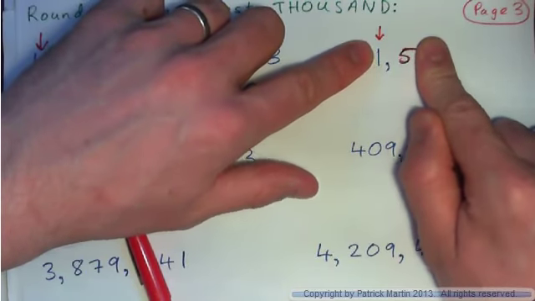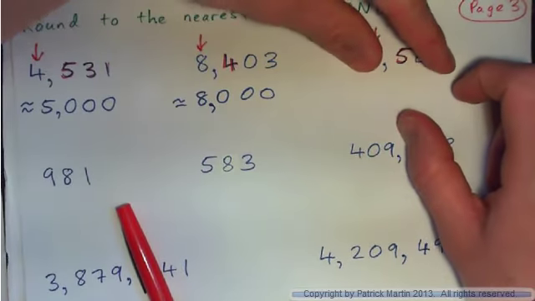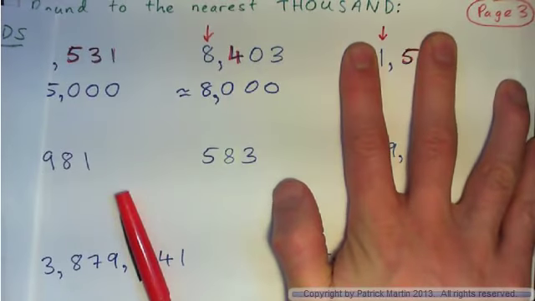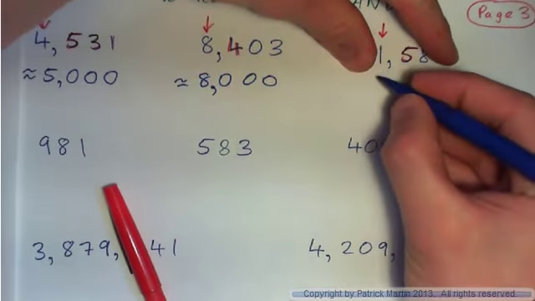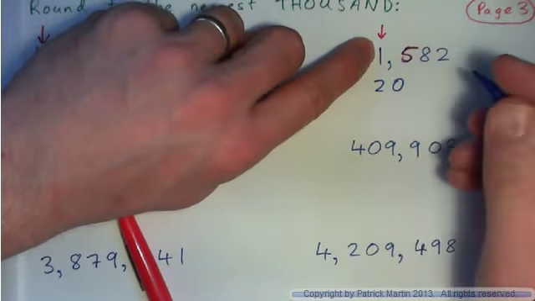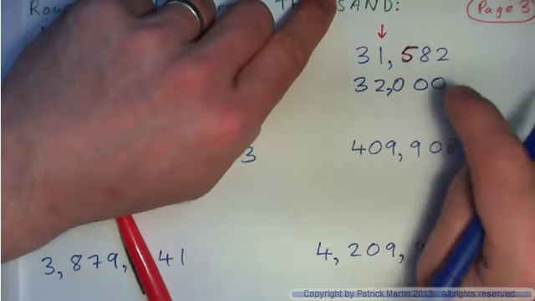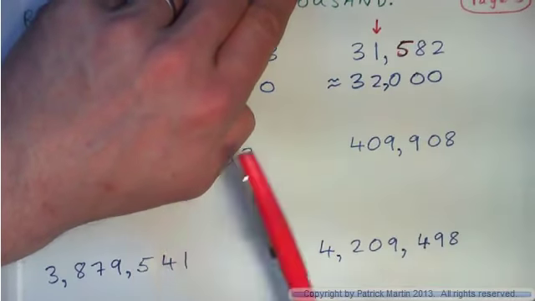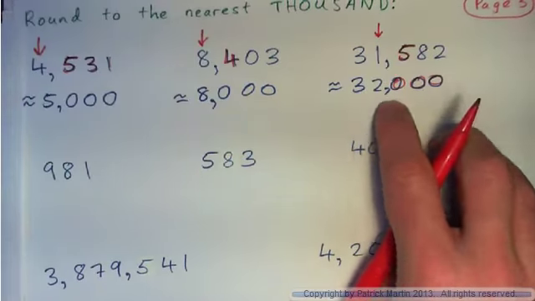Now, does that round up or down? 15 will round up to give 20, right? So, right here we just stick 20. See that? So, we have zeros here, of course, and then you put the 3 there. So, it's approximately equal to 32,000. And that's the answer. It has a 0 in the hundreds, tens, and units spot, right?